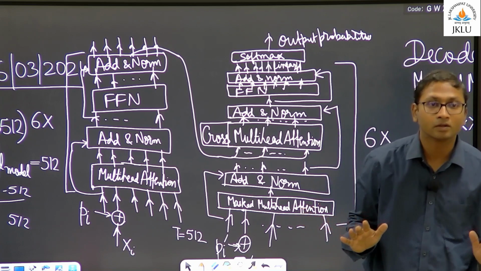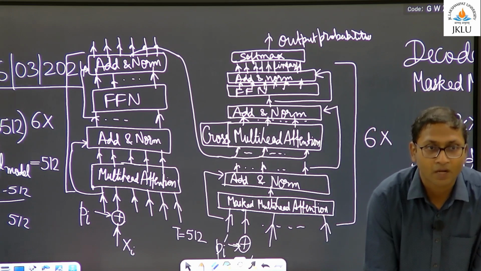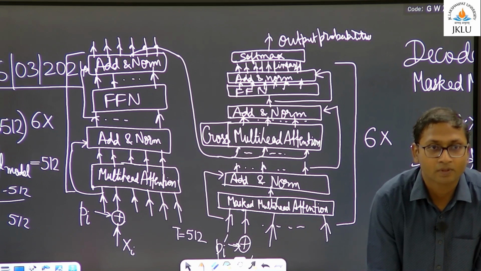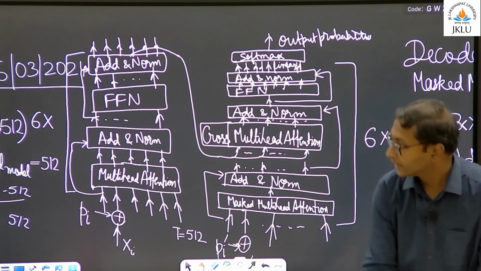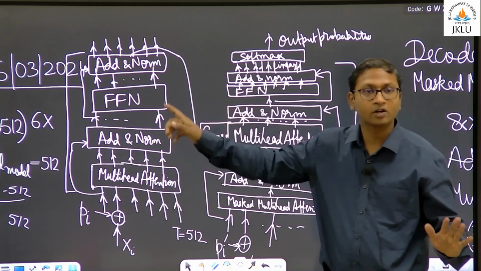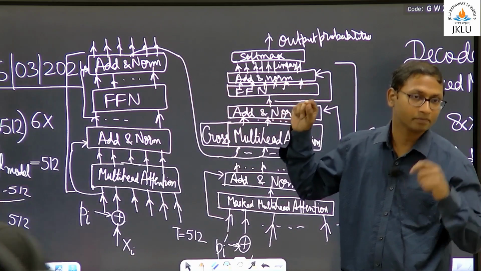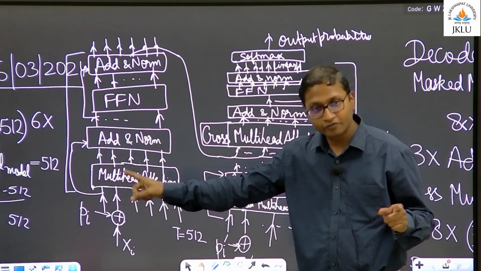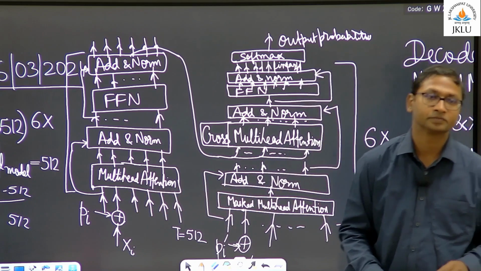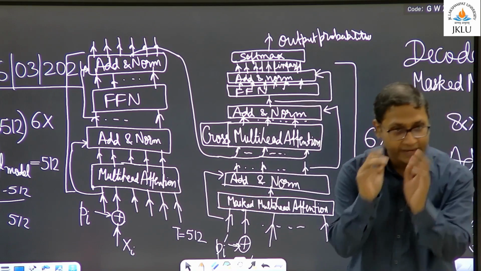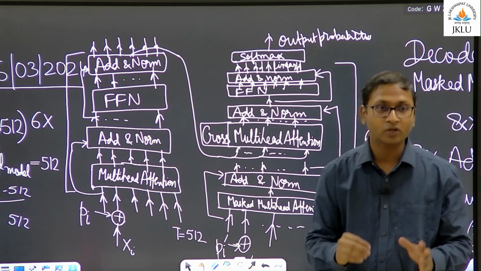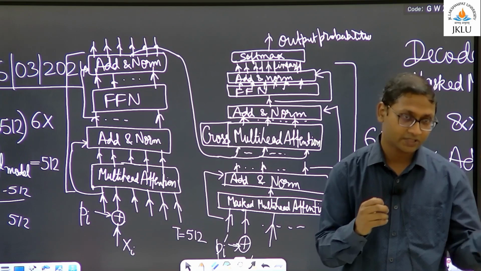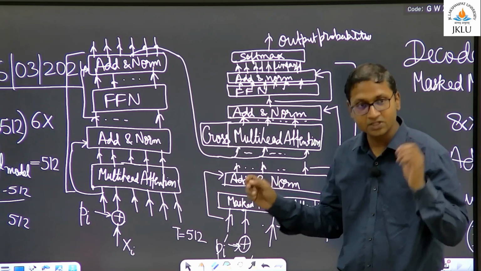You will have to take care of your numbers and parameters and multiplications, right? But nobody stops you from having 512 here, 1024 here. How will you handle that? That depends on how you are doing things, your imagination and all this, right? But in principle, nobody stops you.